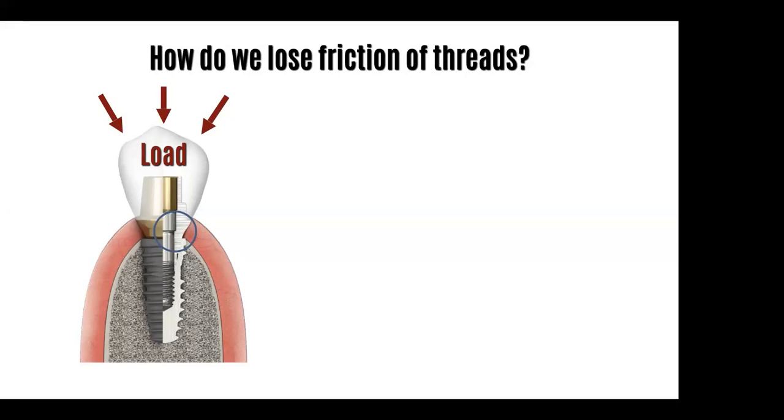So let's talk about the opposite of what I just discussed. How do we lose friction between those two threads? People say external forces open up the joint. It opens up the interface and creates a little gap between the implant and the abutment. That's probably right, but again, how? What really happens?